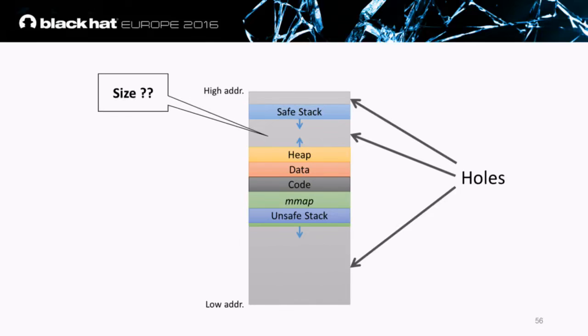If we know the size from the heap to the safe stack, we can infer the location of the safe stack, because the attacker in the threat model knows the location of data and heap. It's all disclosed. So the location of the heap is known and where it ends. If we can infer the size between the heap and the safe stack, we can get to the safe stack by just adding the size to the heap location where it ends.